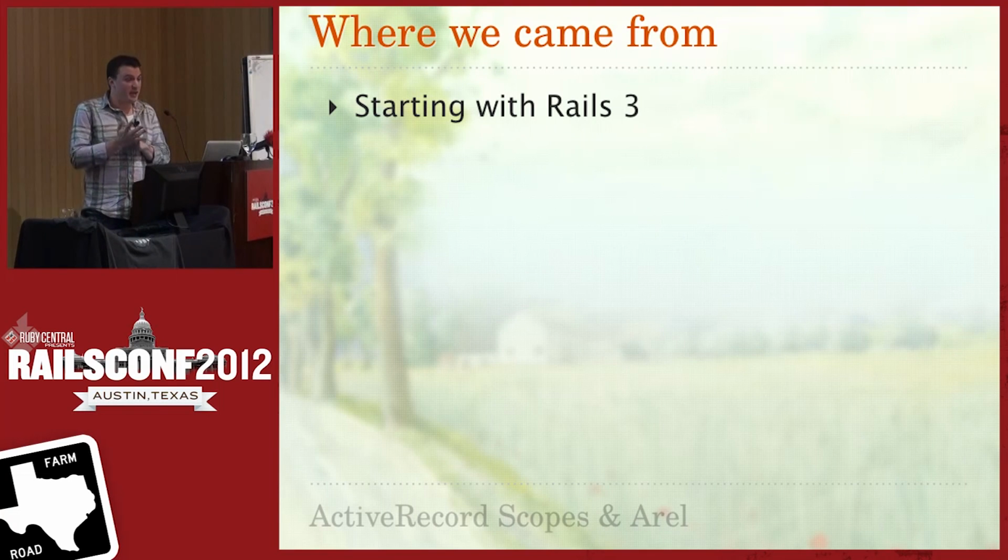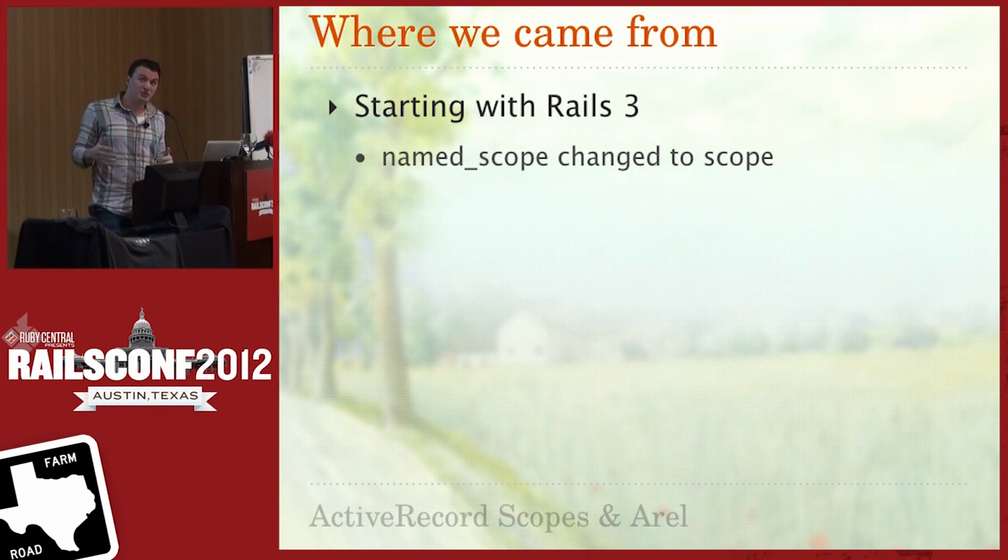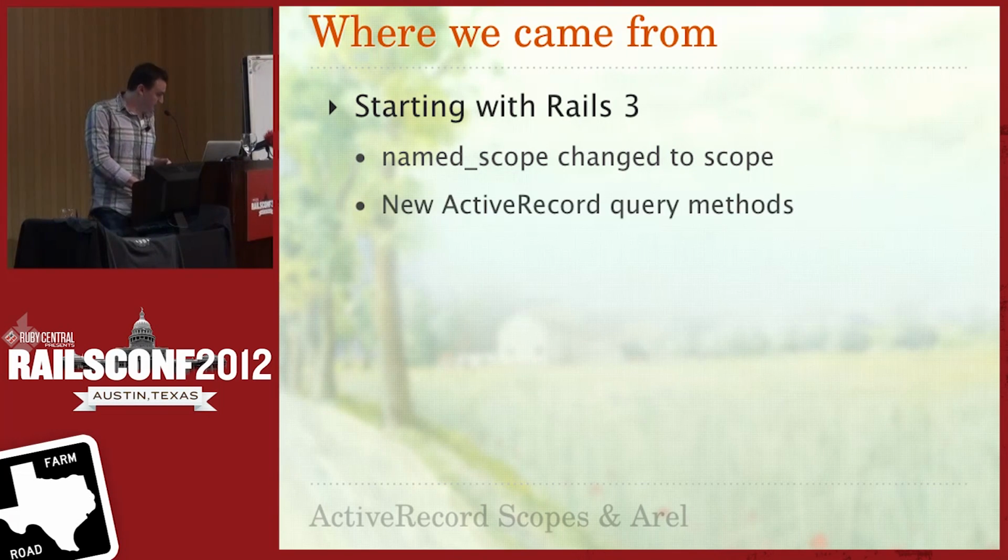Then Rails 3 came along, and Rails 3 actually made a lot of changes regarding how you query the database. The smallest change was that named_scope became scope. It just got a little shorter, but same kind of thing. It also introduced a whole bunch of query methods to ActiveRecord.